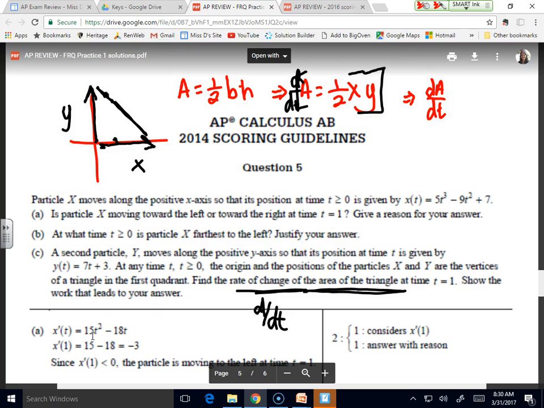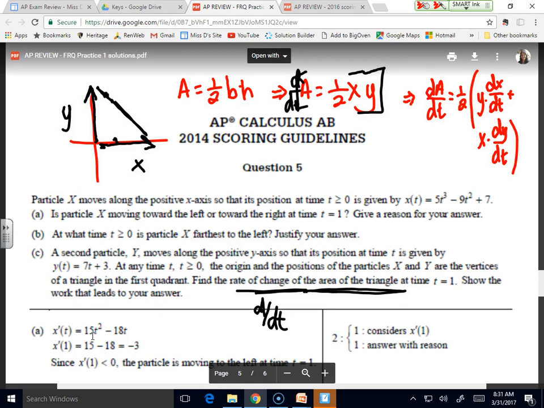Hey, isn't that the rate of change of area, which I'm supposed to find? Equals, here's the most common mistake. Do you guys see the product rule? Second times derivative of first, you need dx/dt because it's with respect to another variable. And then I need x times dy/dt.